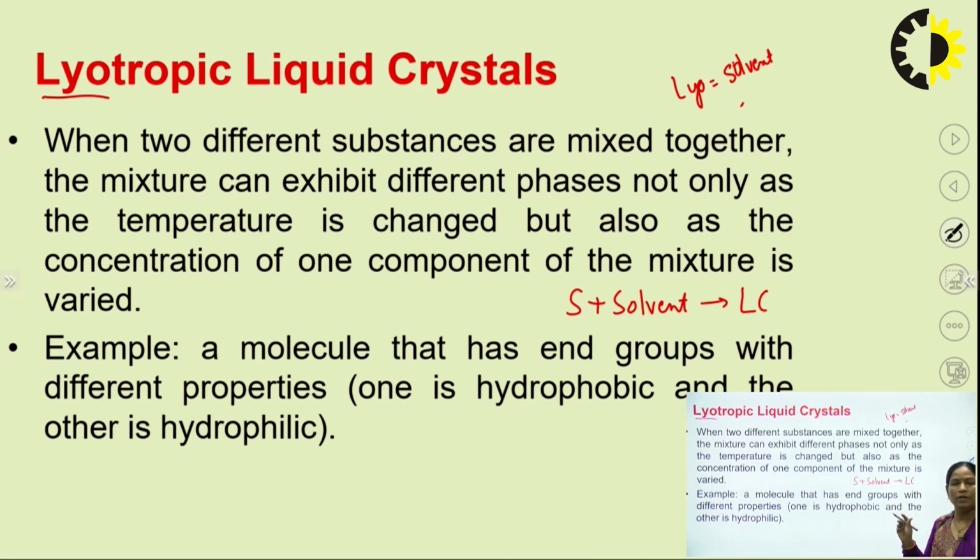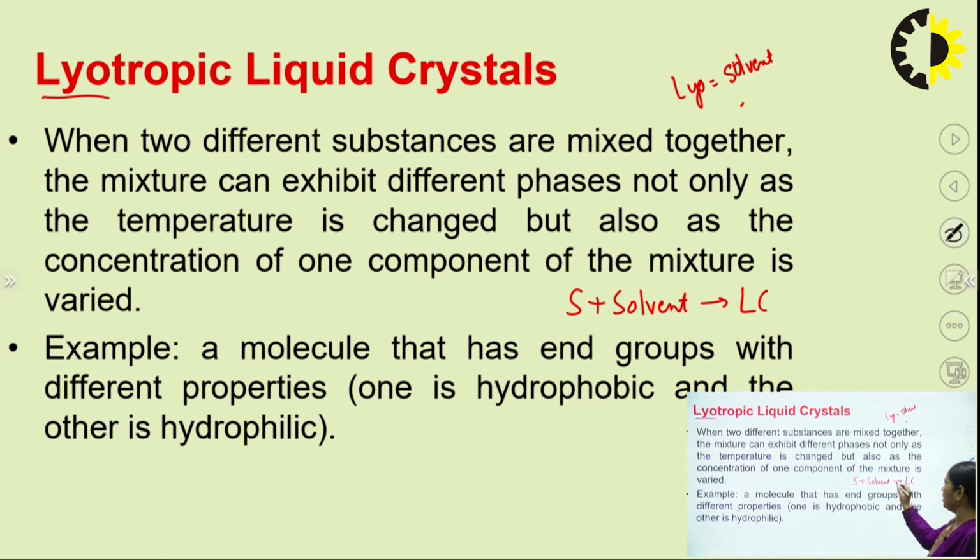So usually when two different substances are mixed together and they are in a phase having liquid crystal like property, it means it does not have a fixed structure like solid and it does not have mobility like liquid, then it is known as lyotropic liquid crystal.